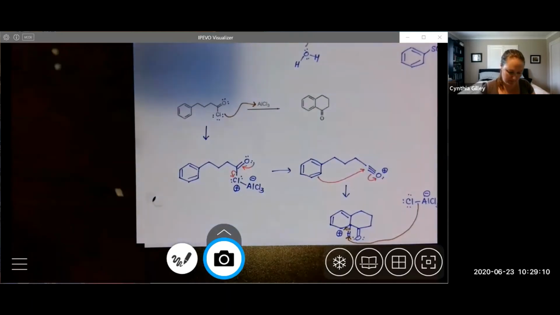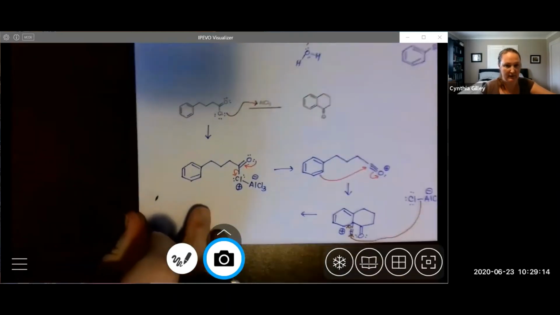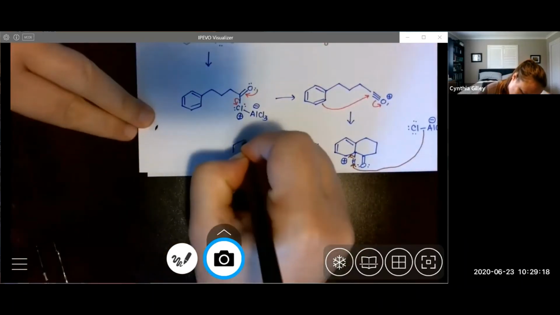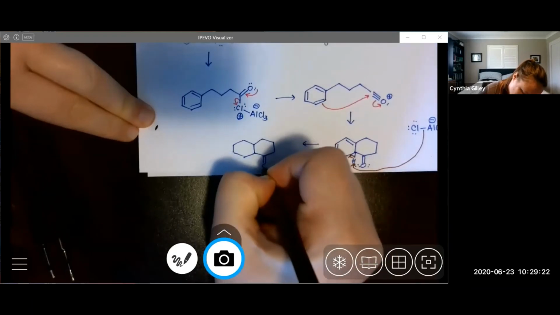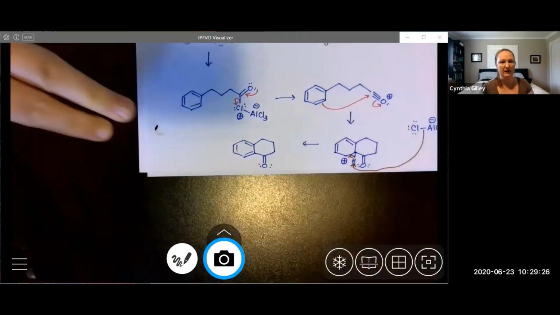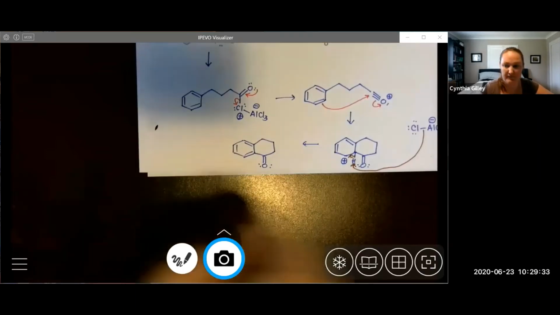There's that final proton transfer. That regenerated our aromatic ring. Product. This was just an intramolecular Friedel-Crafts acylation reaction.